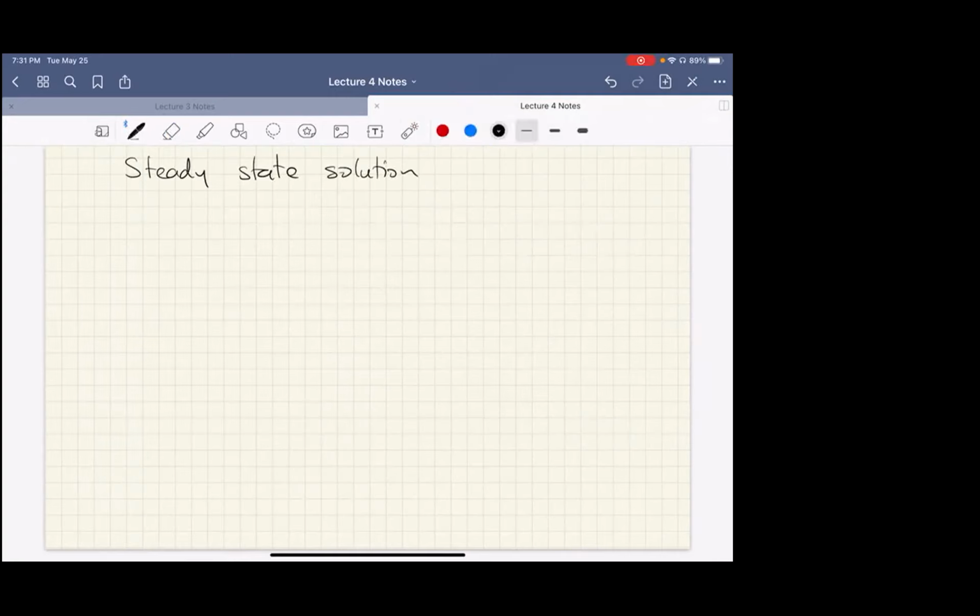So if I have d by dt, I have this differential equation, d by dt of these concentrations equals R. Actually, let me make this a little more general. So I'm going to say let y be the vector of concentrations.